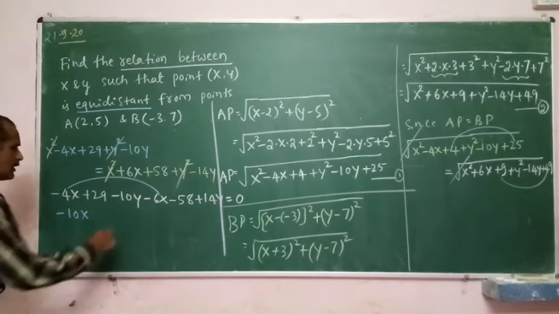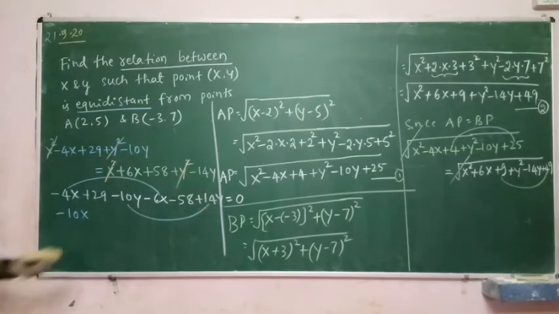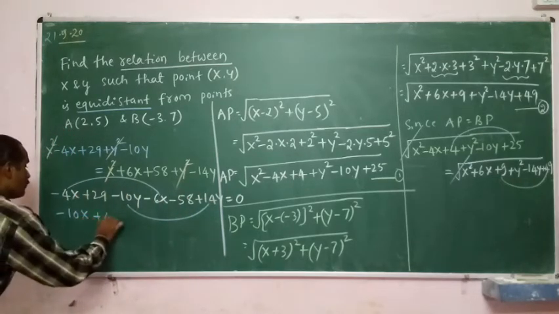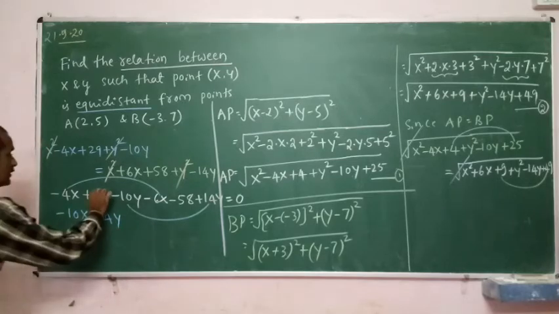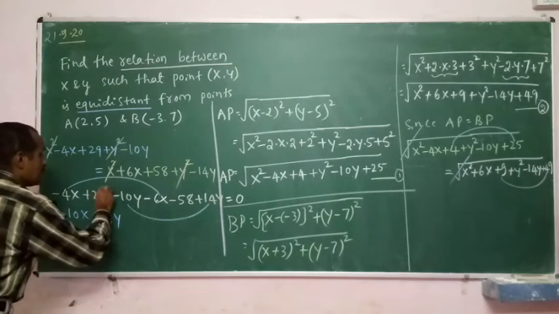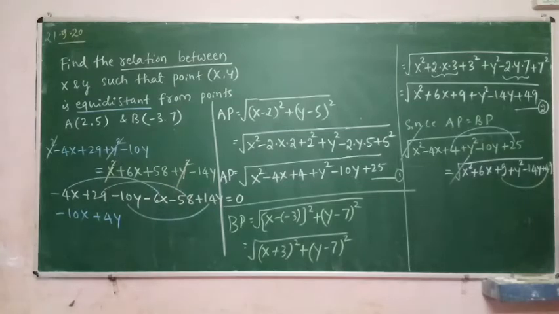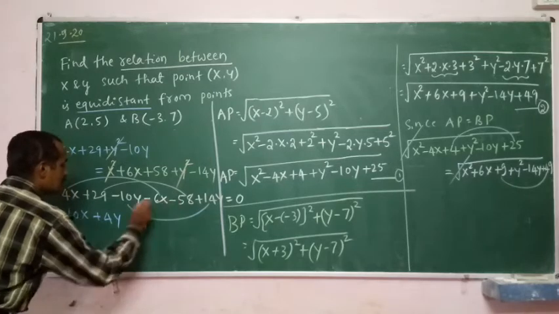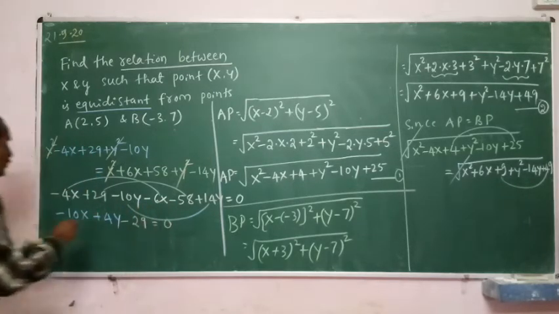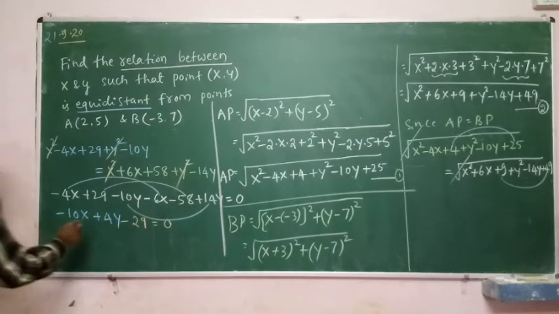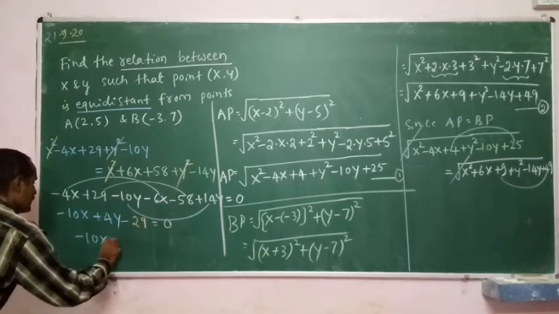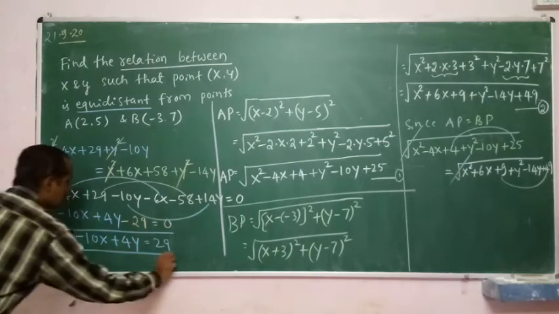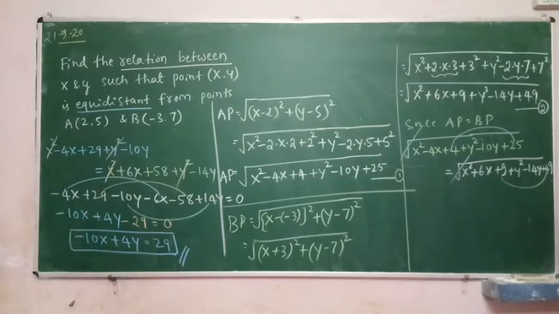There are two y terms, plus 14y minus 10y gives you plus 4y. Then this is 29 and this is minus 58. It is 58 minus 29 gives you 29. Bigger number sign is negative, is equal to 0. I can write this as minus 10x plus 4y is equal to 29. This is the relation between x and y.